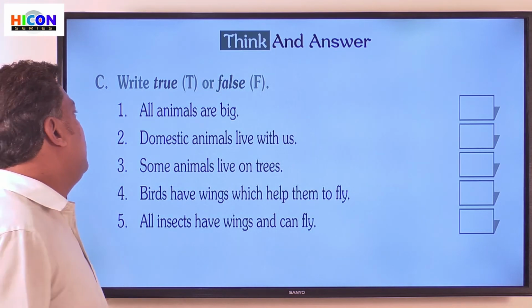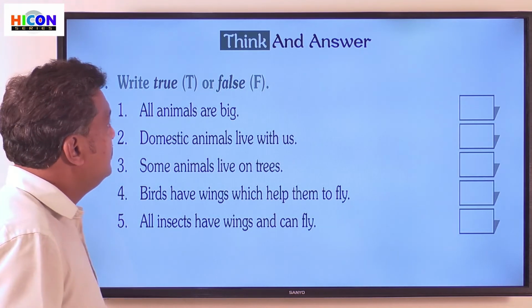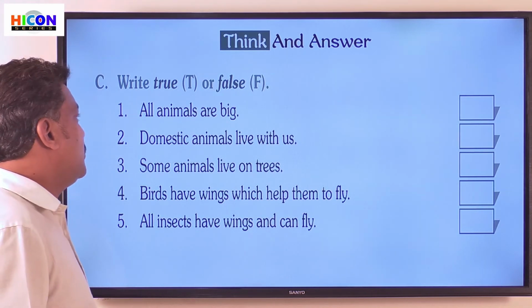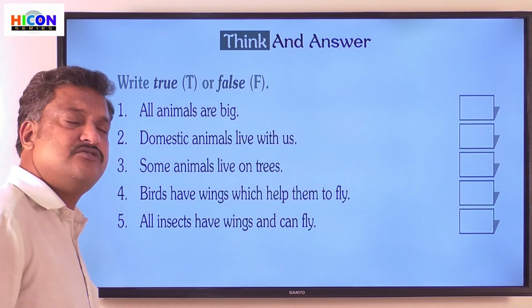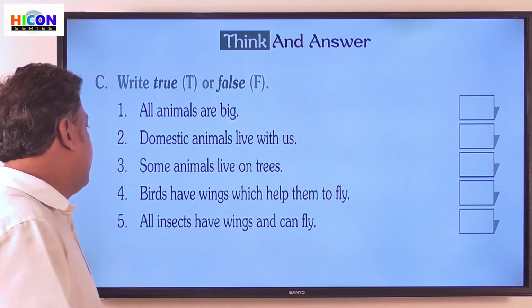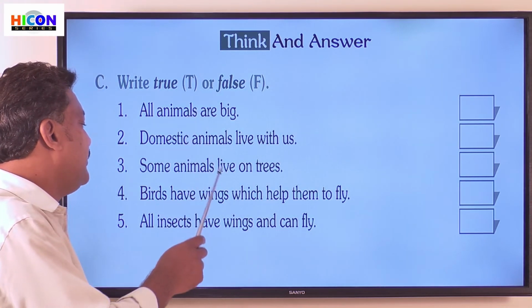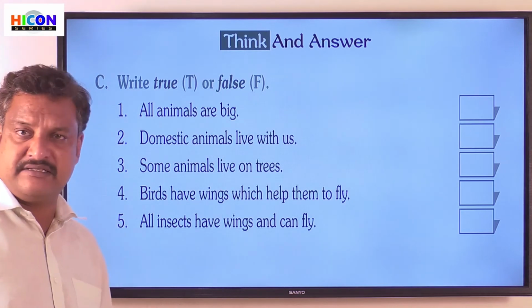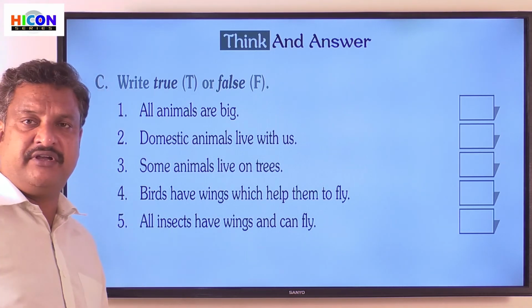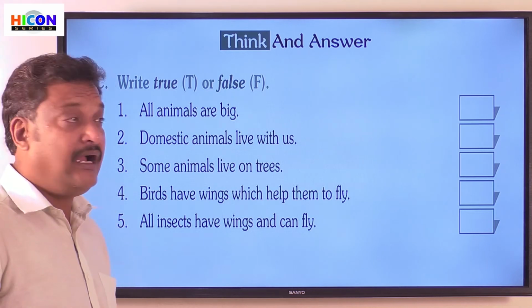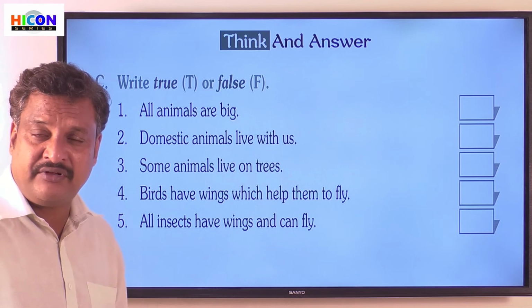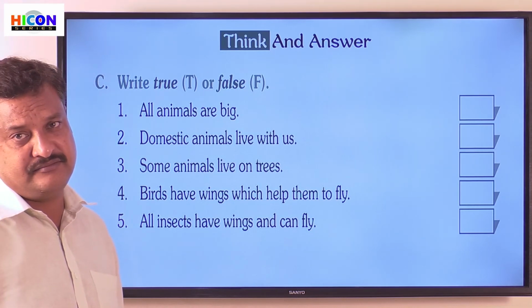Okay. Now we have come on to the next one. Think and answer. Right? So write true or false. Here are 5 sentences. We need to read all these 5 sentences, check with what we have learned in the lesson, and identify whether these statements agree with it.